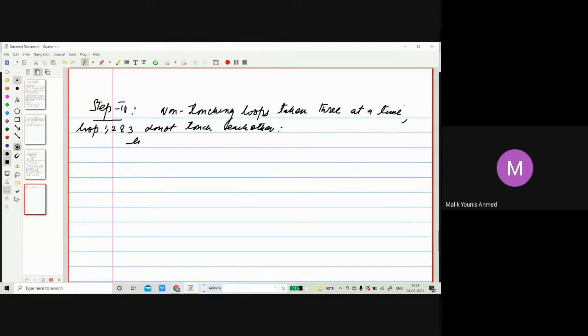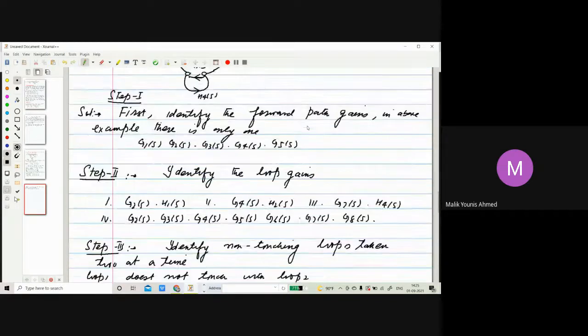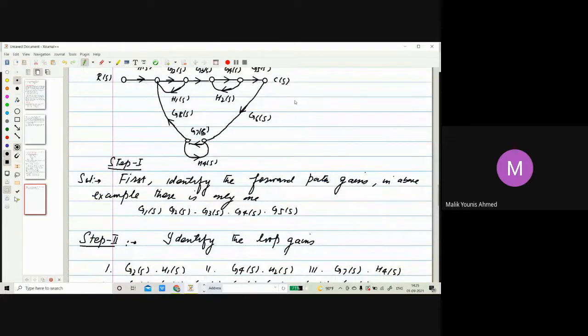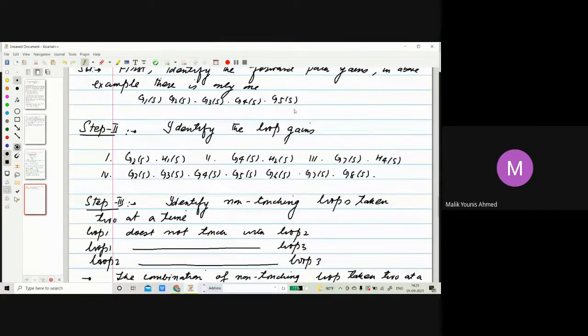So we can multiply their gains, G2 of S into H1 of S multiplied by G4 of S multiplied by H2 of S multiplied by G7 of S multiplied by H4 of S. So that's the non-touching loops taken 3 at a time. So this is all we can do. There will be no possibility of having non-touching loops taken 4 at a time. That's not possible. Only 4 loops, because one of them has nodes in common with the other 3. So this much we have to first identify.